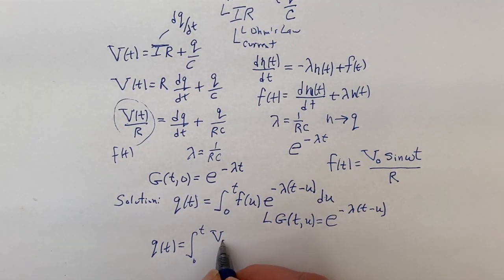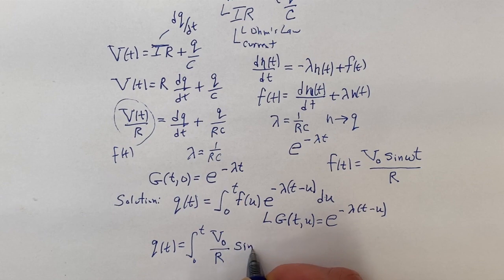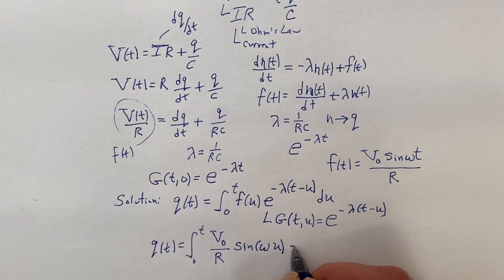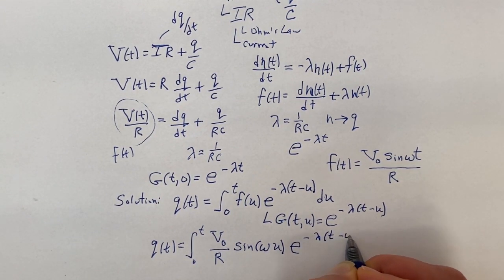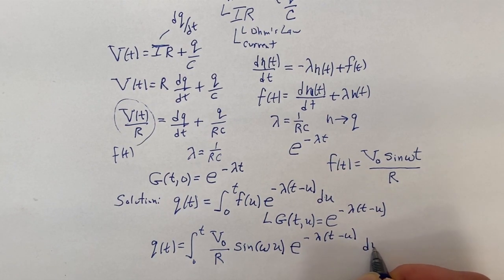So this would be V sub 0 over R, and this would be sine of omega u, because we're going to integrate over that time variable, e to the minus lambda t minus u du.